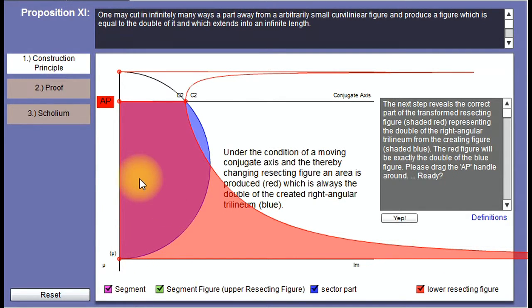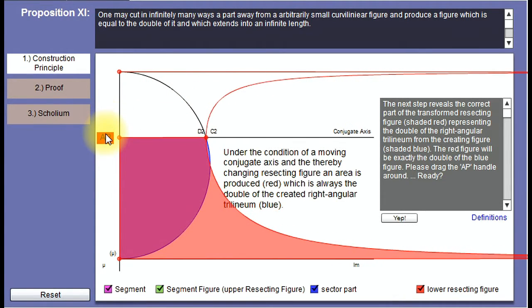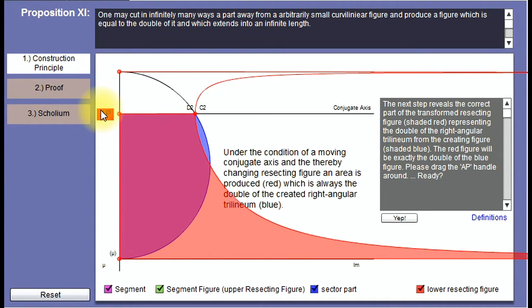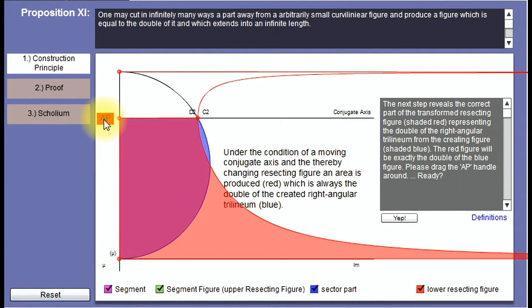And hence it must be the case that the upper part of the semicircle, which is uncolored here, is the half of the upper part of the resecting figure, which is basically not filled with red right now. So this is all we know, because we know the principles we've established in proposition 1 and proposition 6 through 8.